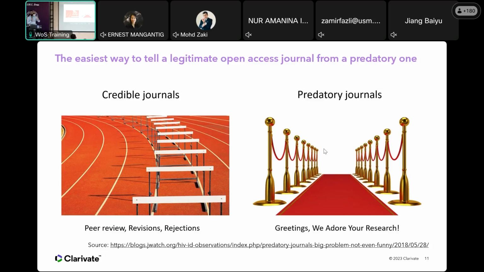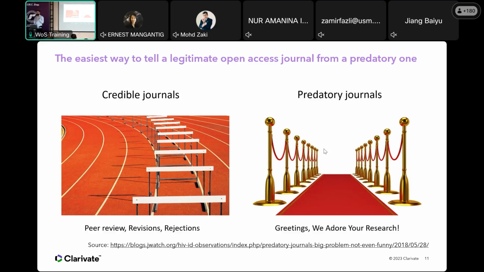If it passes the editorial filter, then there might be one or two double-blind peer reviewers that might send you a lot of comments, maybe even suggesting you completely rewrite your paper just because you set up the experiment incorrectly. That is really disappointing, but that is how your paper actually becomes better, so that it can finally be published in a reputable journal.